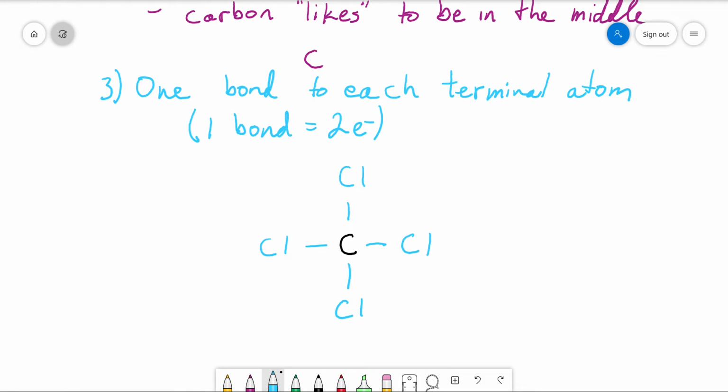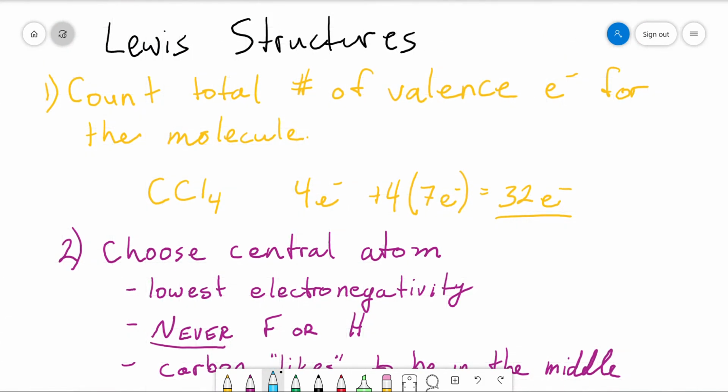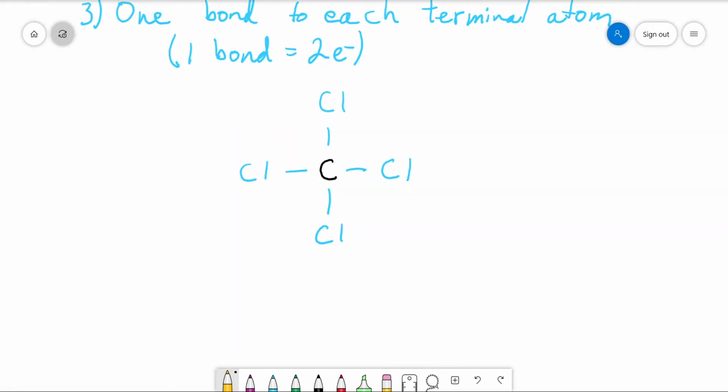At this point, it's a good idea to take that number of electrons, those 32 electrons, and just see how many we've used. The molecule has 32 electrons to play with. It does not matter that carbon had 4 and chlorine had 7. We don't need to give them each their right number. We're making a molecule, not elements.